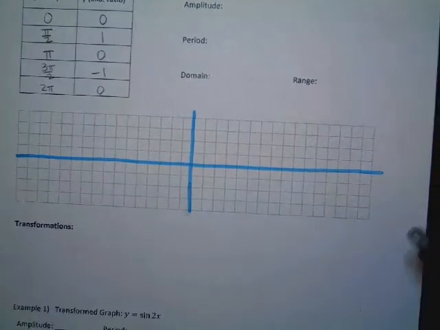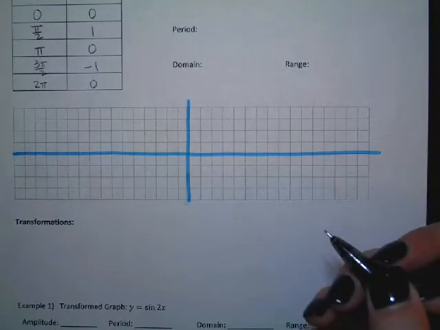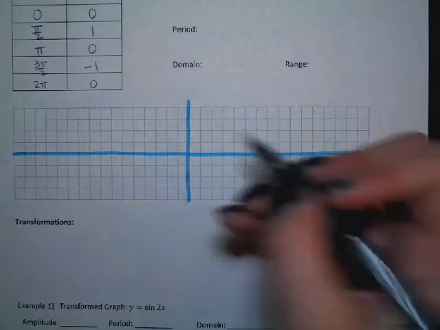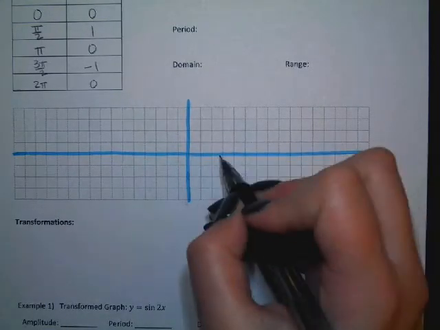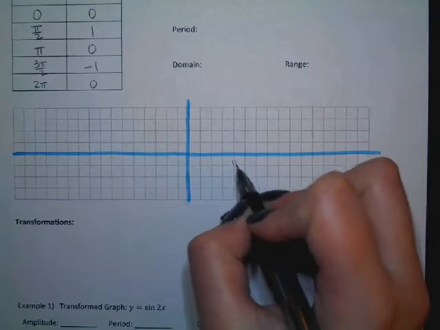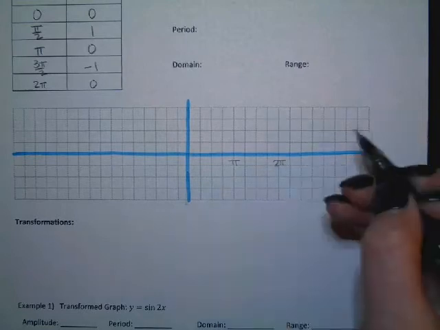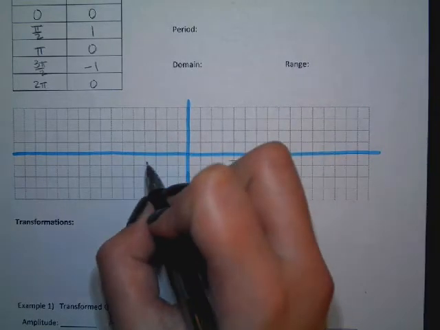And what I like to do when I graph these is I like to go in sets of 4, and I will show you why. So I'm going to say here's 0. I'm going to count 1, 2, 3, 4. I'm going to put a pi right there. 1, 2, 3, 4, put a 2 pi right there. And then I'll do the same in the opposite direction.